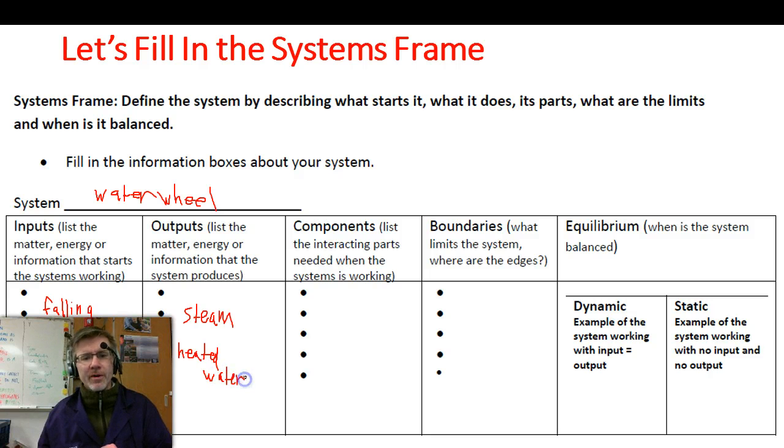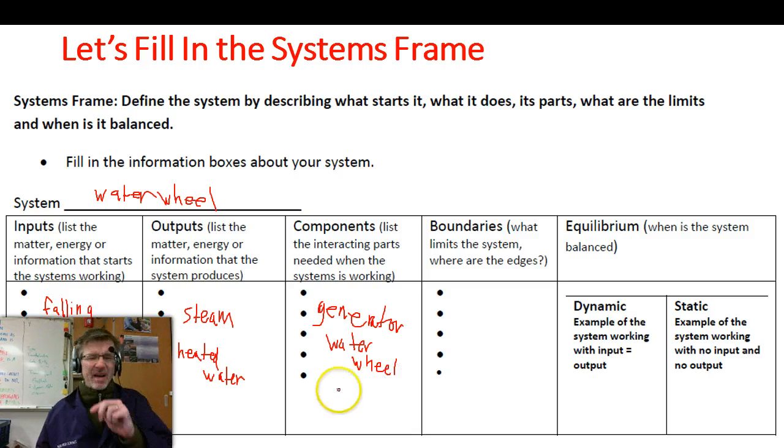My components were my generator, my water wheel, my heating element, right, because I had to heat my element. The electricity from the generator went somewhere to a heating element, looked like a little stove piece. And then my other water, my pot of water, and apologize if you can't read this.